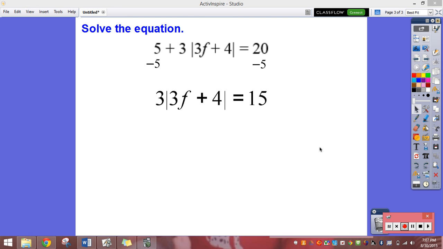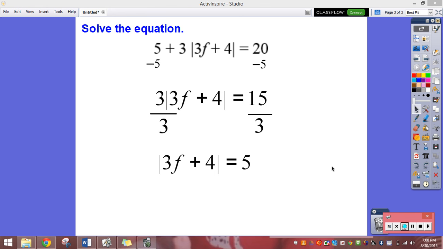Okay, the next thing I want to do is move the 3. And it's 3 times the absolute value. So to move the 3, I need to do the opposite, which would be to divide. Once I simplify, my 3's would cancel, because 3 divided by 3 would just be 1. And on the right, 15 divided by 3 would be 5.